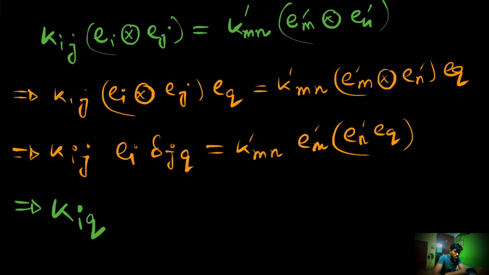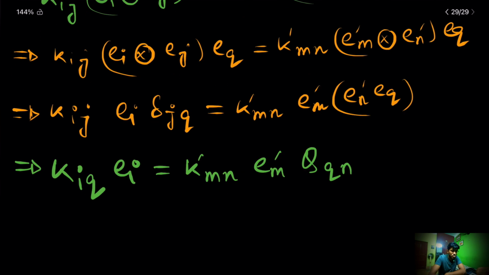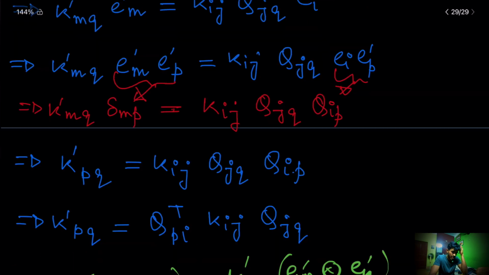Okay, so this will be into Ei is equal to K dash Mn Em dash, and this is Qn, not Nq, because you see that Qij is equal to Ei into Ej dash. I have defined the transformation matrix like that. Clear?